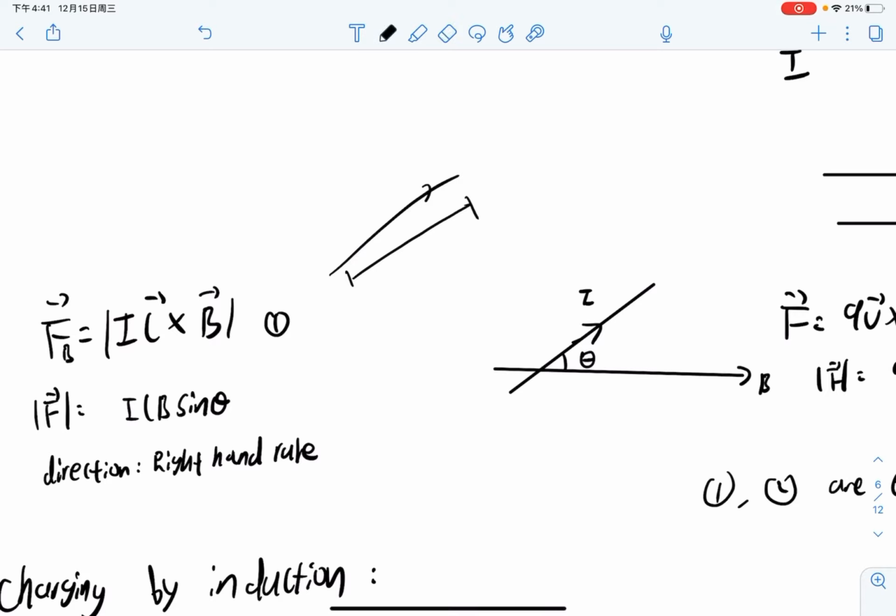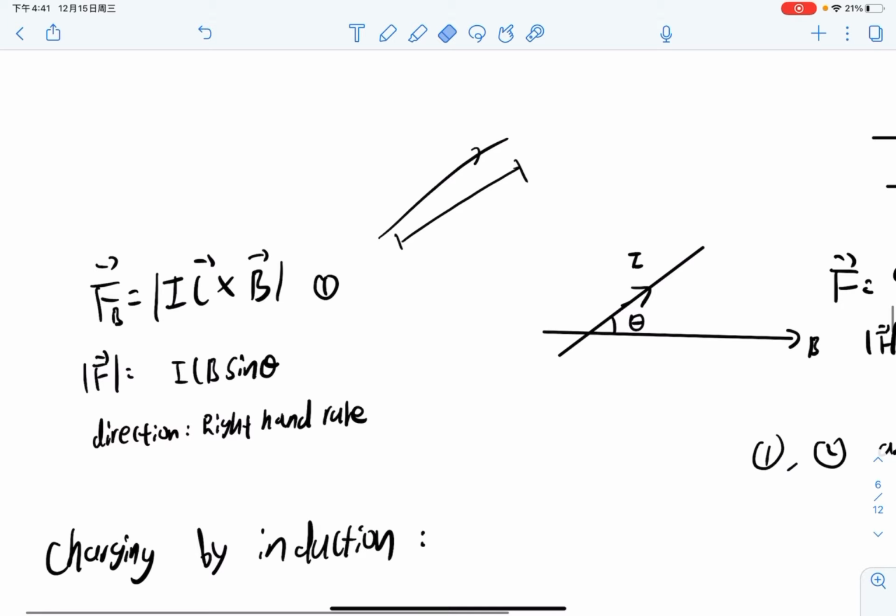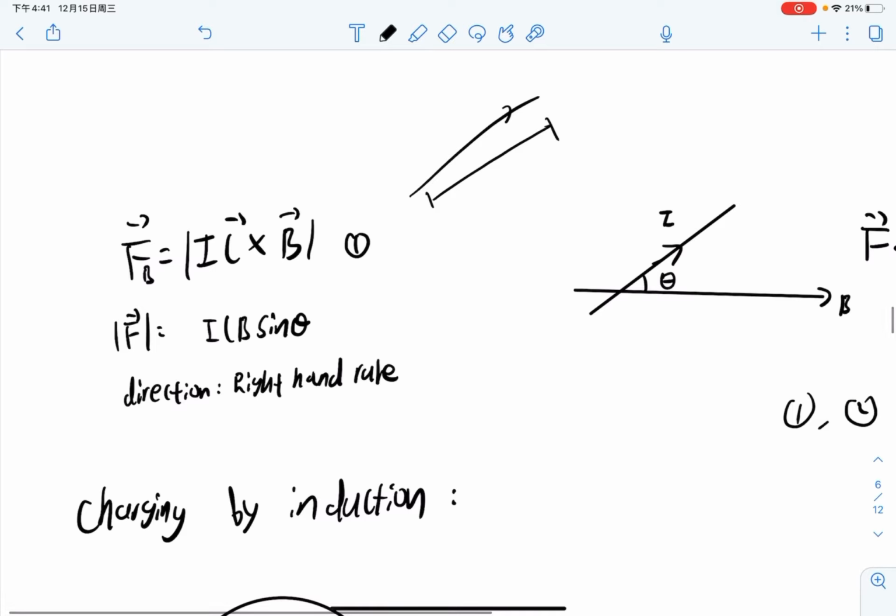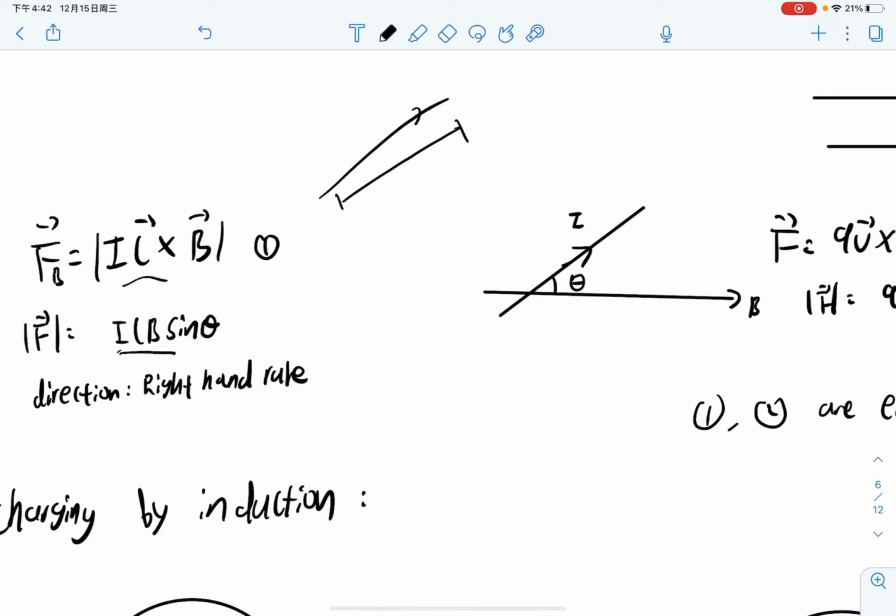And B is a magnetic field. And from the cross product, we know that the magnitude of the cross product is equal to ILB sine theta, where theta is an angle between L and B. This is the angle.